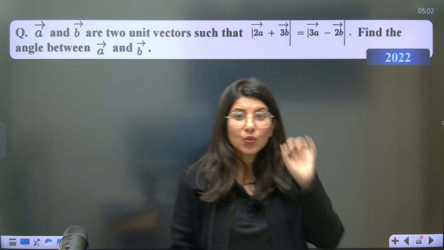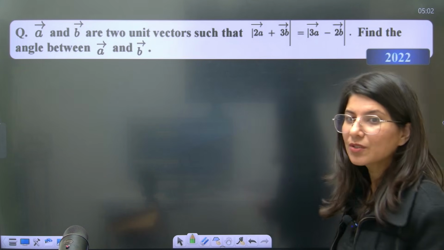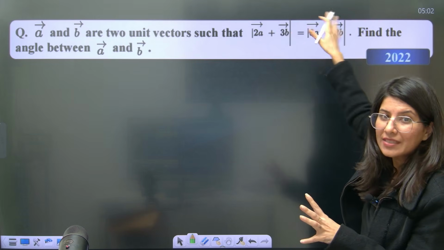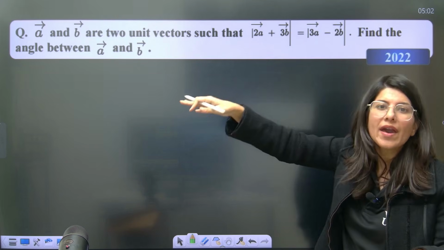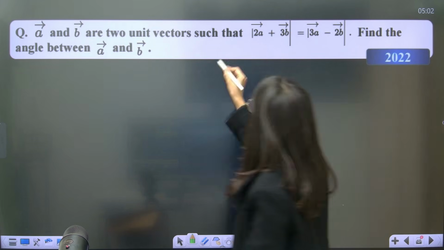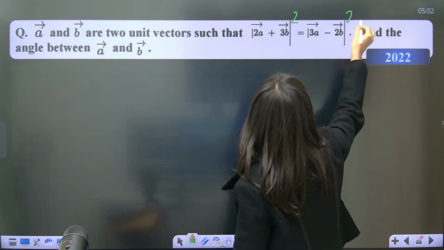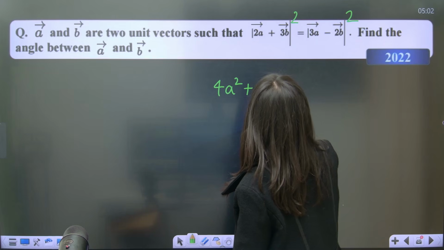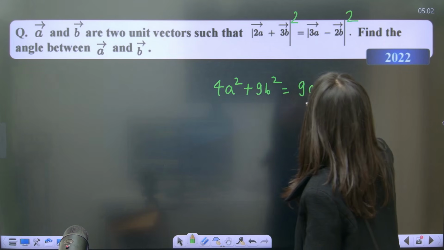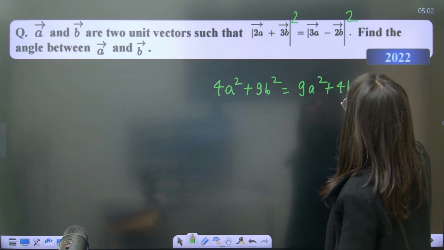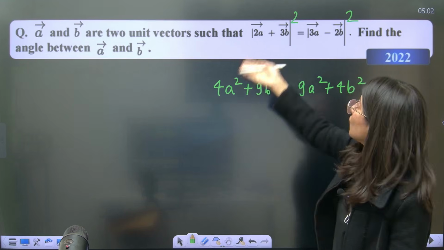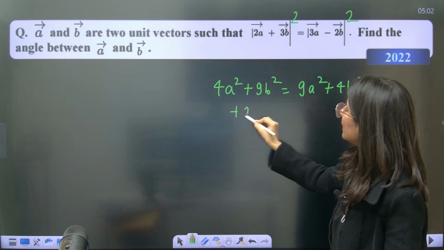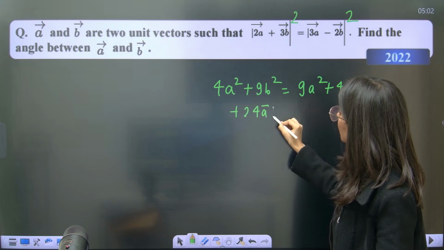A and B are two unit vectors such that the magnitude of 2A plus 3B is equal to the magnitude of 3A minus 2B. See, this type of question, when magnitude is given and angle is asked, square it right away. If you're squaring both the sides, what do you get? 4a square plus 9b square plus 2 times 2 times 3, which is 12... sorry, dot product: 4a square plus 9b square plus 24 a dot b.